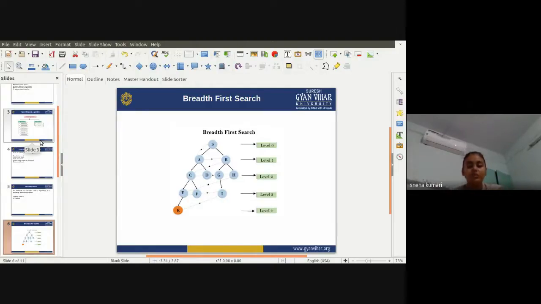So as we know, the root node definitely resides at level 0, so we go from level 0 to level 1. What exactly is done after that? It first adds A and after that B in the queue. As we know, in breadth first search we are using a queue data structure.